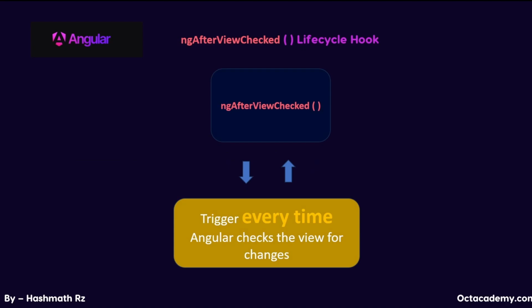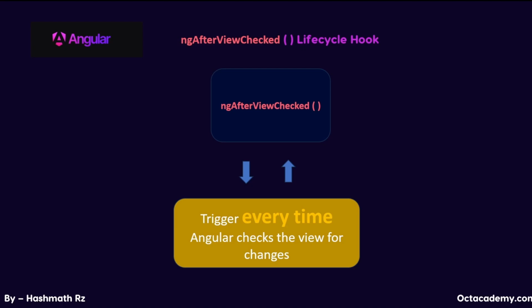Unlike ngAfterViewInit, which only runs once after the view is initialized, ngAfterViewChecked can be triggered multiple times during the lifecycle of a component. For example, if you're updating the view based on a user interaction, or if data binding causes the view to change, ngAfterViewChecked will be triggered.